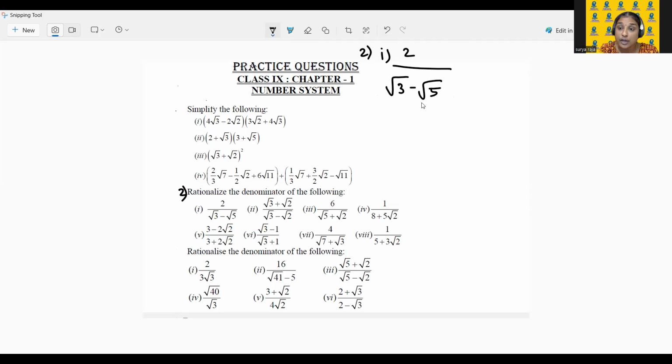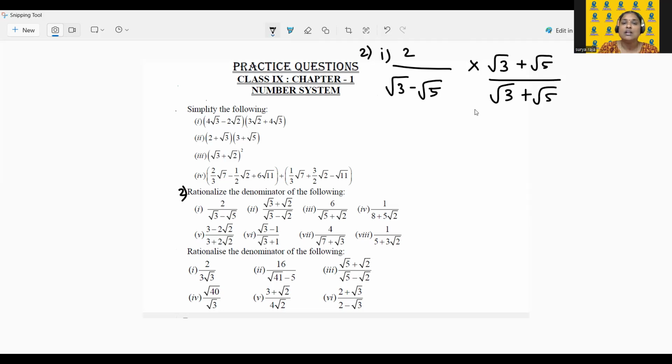We should follow a rule. What is that rule? Multiply the irrational denominator by changing the sign inside. Let me repeat again. You should multiply the same, just changing the opposite sign, to both numerator as well as denominator. I hope this is very clear.